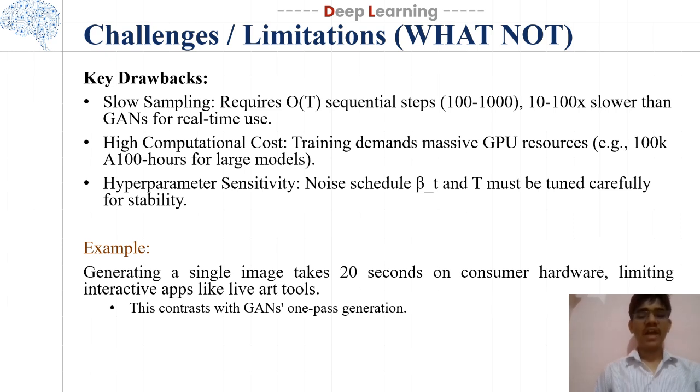And it has hyperparameter sensitivity, meaning the noise schedule and step size need to be carefully tuned, otherwise the model will be unstable or not reliable. For example, generating one image on a regular consumer GPU can take around 20 to 30 seconds, which limits their use in real world applications like interactive art or live video generation.